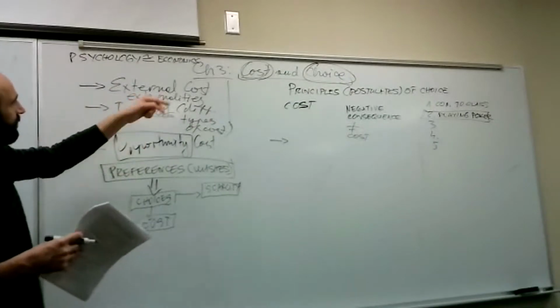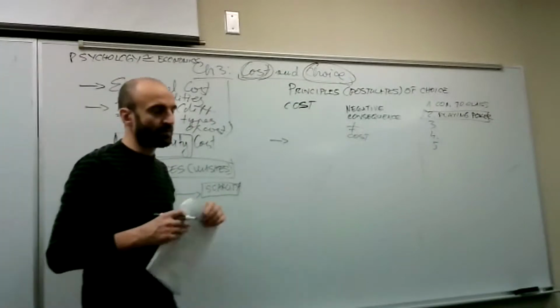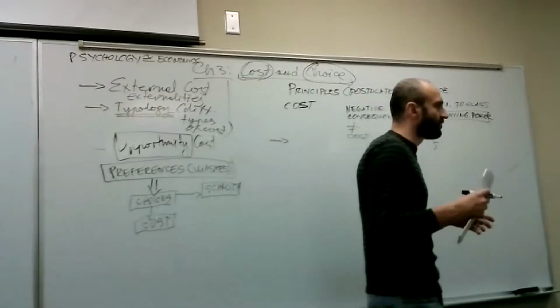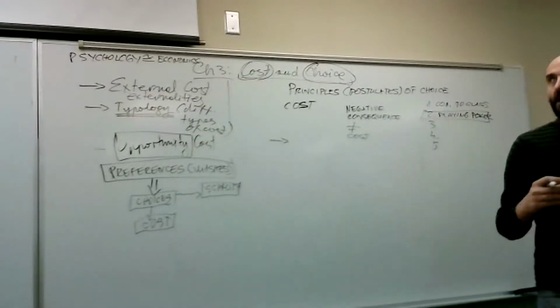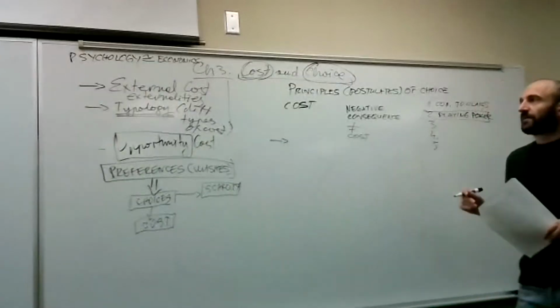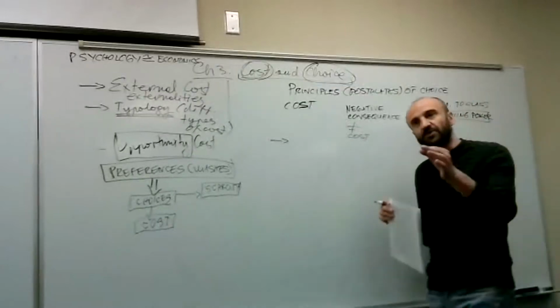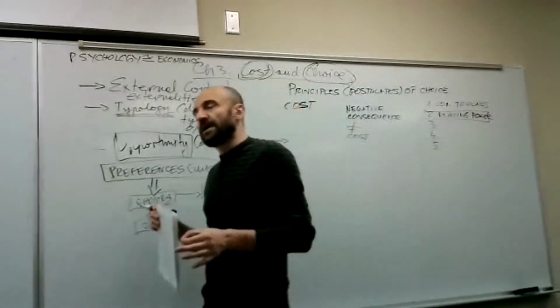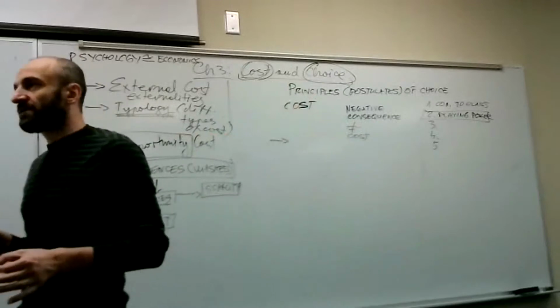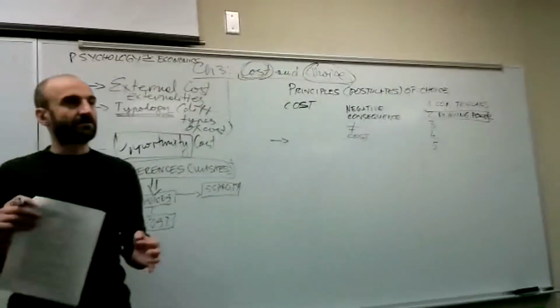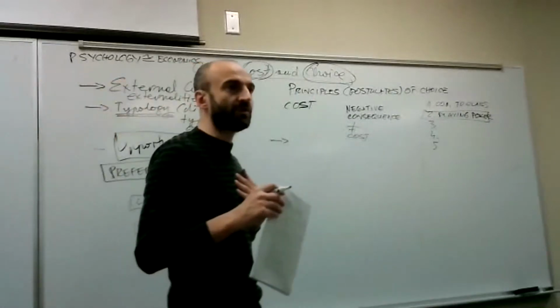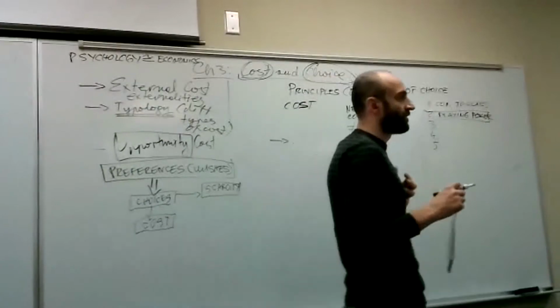Externalities. I promised just a few words about that. Don't worry too much about externalities now. I will just give you a definition of what external costs are. Sometimes the assumption in economics is that you always pay the costs of your actions. Every individual makes a choice and bears the cost.